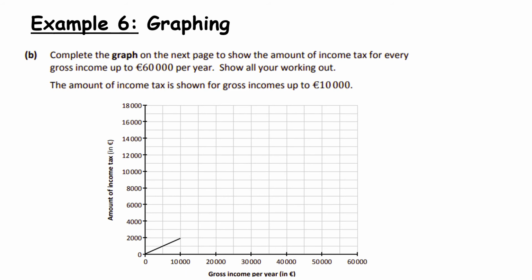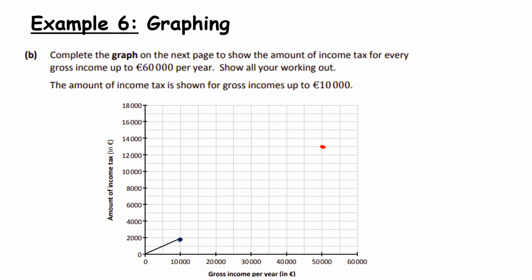Okay, so what we've just worked out was somebody with 50,000. So we've figured this one here, and we've just worked out that it is 13,000. So our point is here. So we can work out at each step, like using what we did in the previous part, to figure out how much income tax each gross income piece will pay.